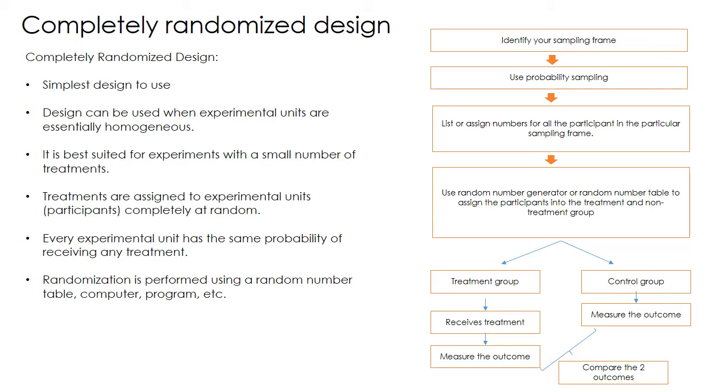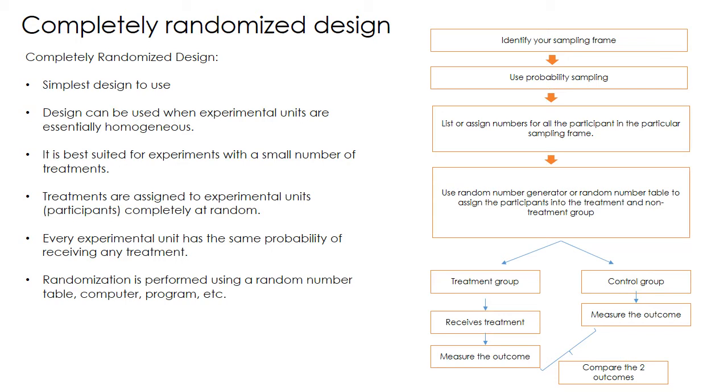Like I said, for example, you measure the fever for all these patients in the treatment group after 1 week of being given the HIV drugs. After 1 week, without giving any drugs, you measure the control group's fever or temperature, and then these scores from the treatment and control group will be compared.